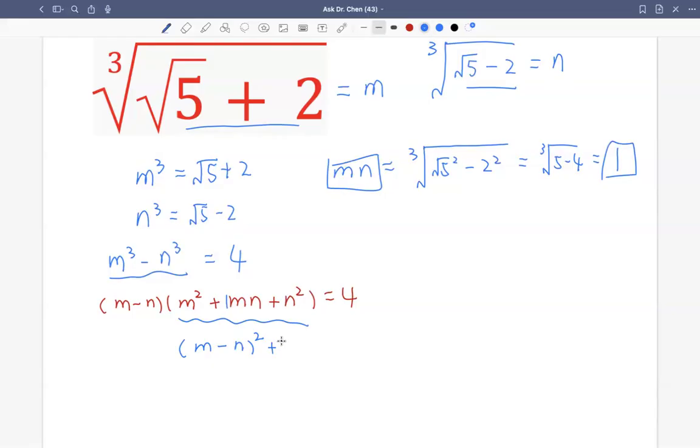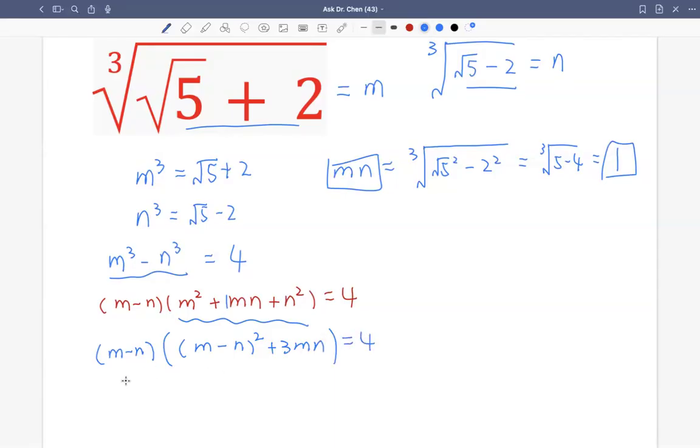So we need to add 3mn to offset the negative 2mn from the perfect square. Right, so we rewrite this expression as this, because we want to make a relation with this m minus n. So that equals 4.